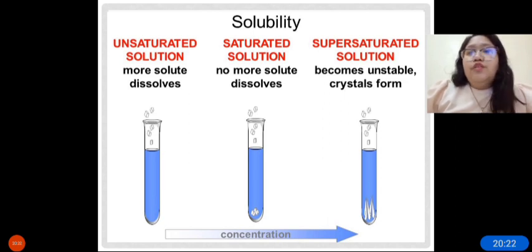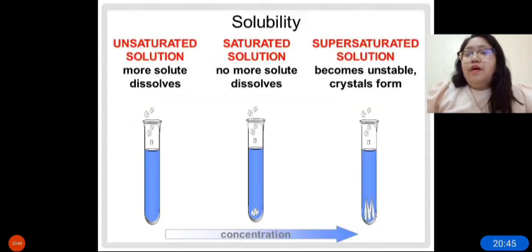Okay? So look at their differences. In the unsaturated solution, more solute dissolves. In the saturated solution, no more solute dissolves. Supersaturated solution, it will become unstable and crystals will start to form.